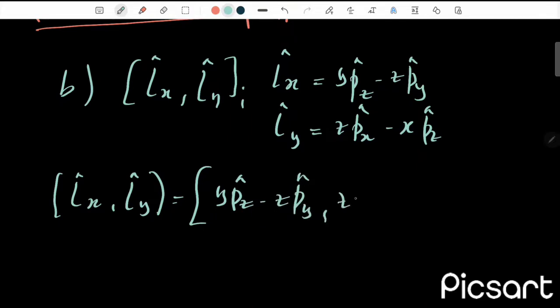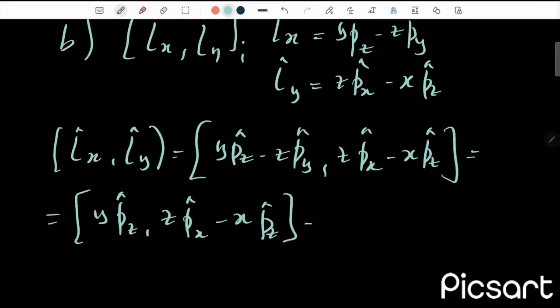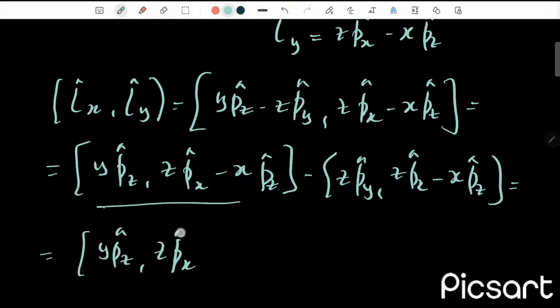Minus z py and z px minus x pz, and we have here y pz minus z py with z px minus x pz, and this is equal to, for the first term, y pz z px minus y pz x pz.